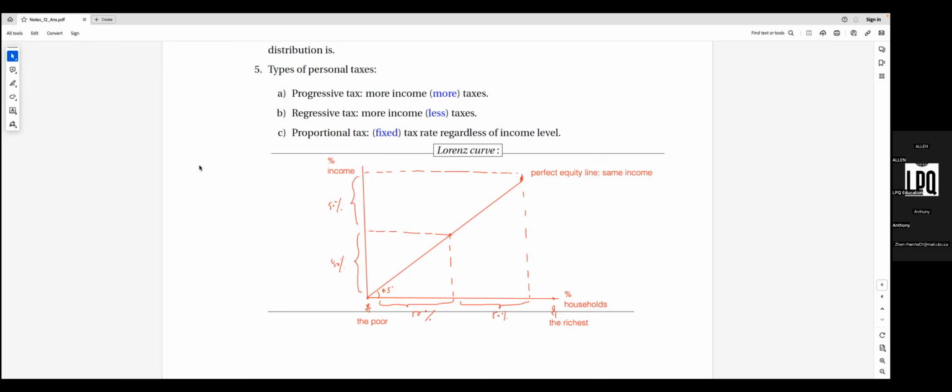Another line here is called the perfect inequality line. This yellow one is called the perfect inequality line.